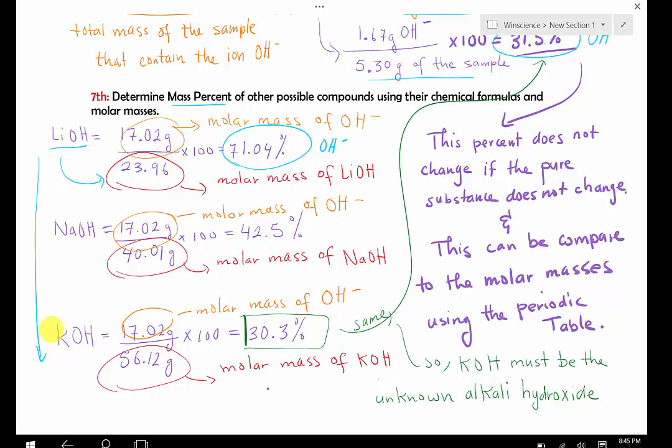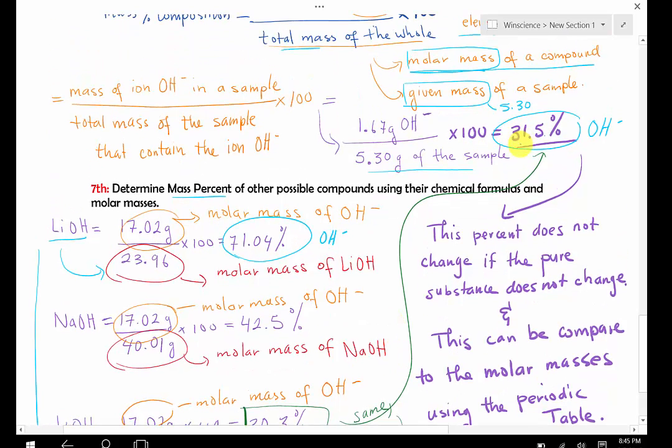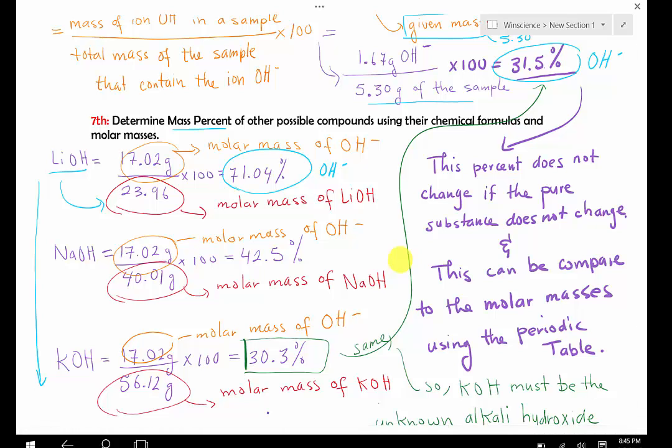So again, the idea is to find the mass percentage of composition relative to hydroxide, because in our sample we have 31.5% of hydroxide. Now we are going to compare it to the list of possible alkali hydroxides using our periodic table. Another alkali hydroxide is NaOH, where we have 17.02 grams relative to hydroxide, and the molar mass of NaOH gives us 42.5% OH minus.